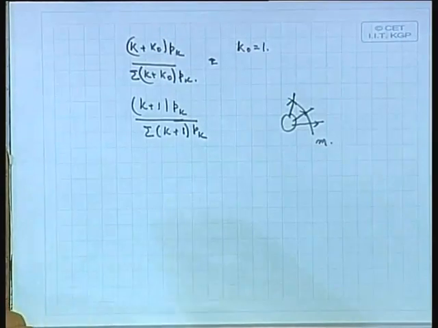For simplicity's sake, let us think that each paper has just m citations. We can vary m, it does not really matter, but for simplicity we think that m is constant.